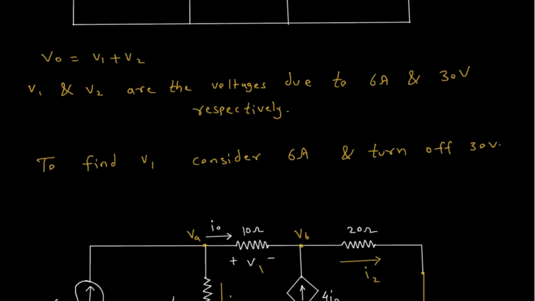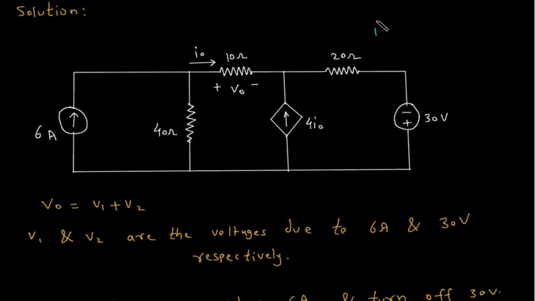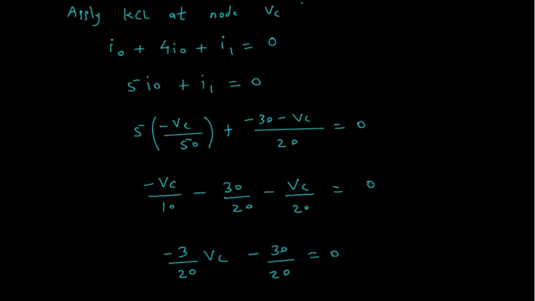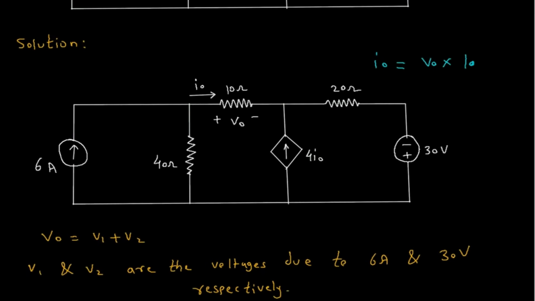What else we have to find? We have to find Vo and Io. Now Io is equal to Vo by 10, because voltage is equal to current into resistance, so current is voltage upon resistance.